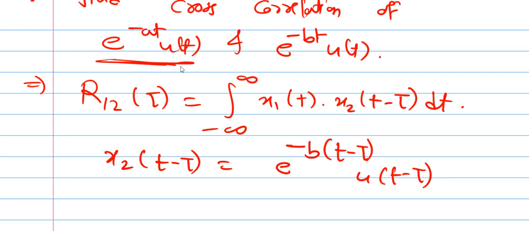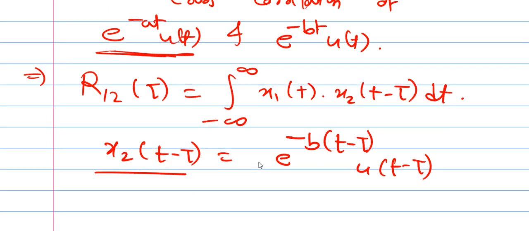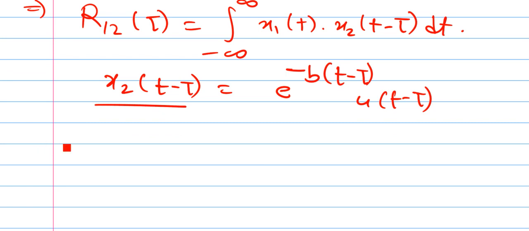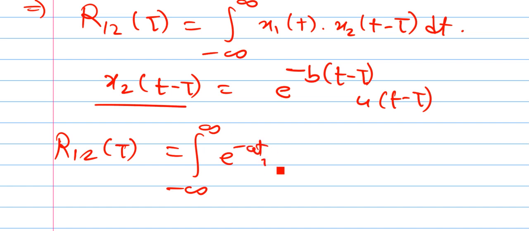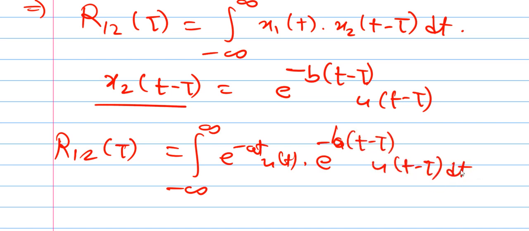Now substitute x1(t) and x2(t minus tau) and solve the integration. So R12(tau) equals integration from minus infinity to infinity e raised to minus at u(t) dot e raised to power minus b(t minus tau) u(t minus tau) dt.